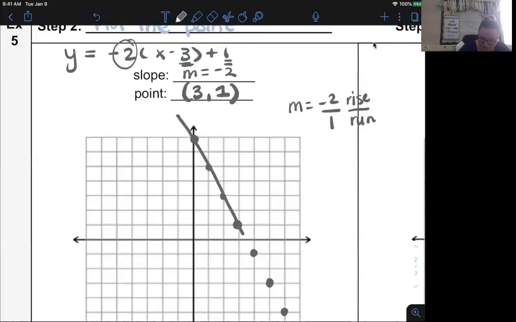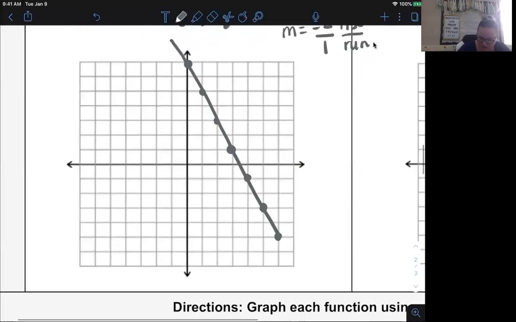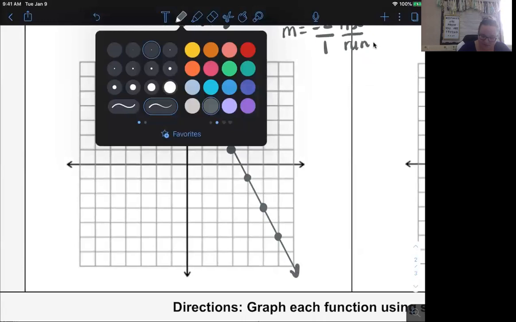And here we have a bunch of points that we can go ahead and draw our line through. I'm going to make this line straighter. All right, and then this graph is just missing a bunch of labels, so I'm going to label it real quick.